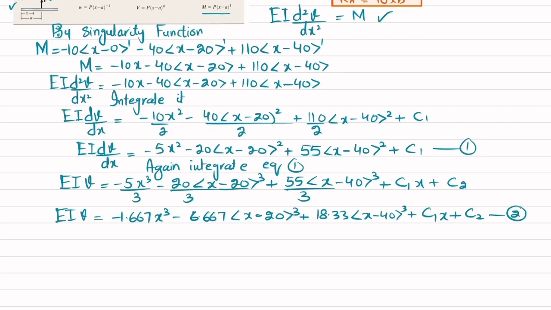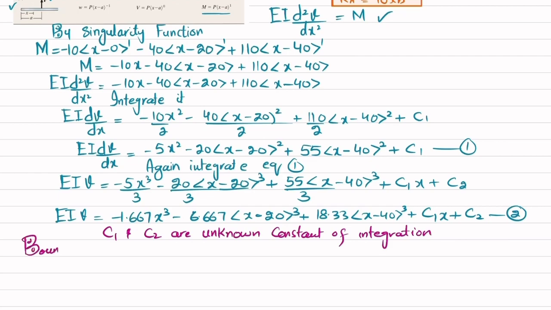So you can see C1 and C2 are unknown constants of integration. So we will find them by using boundary conditions. So what are the boundary conditions?